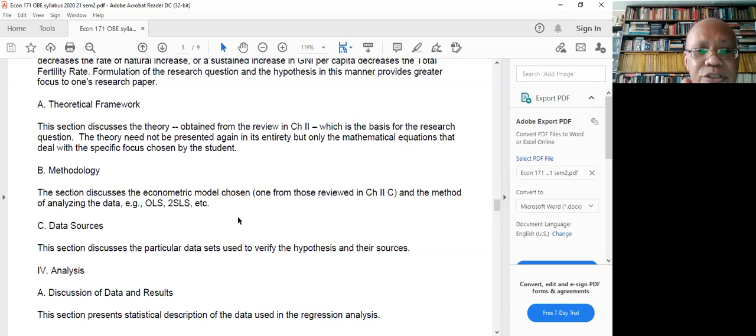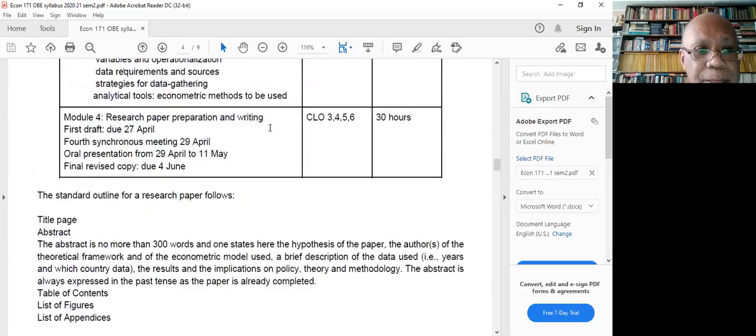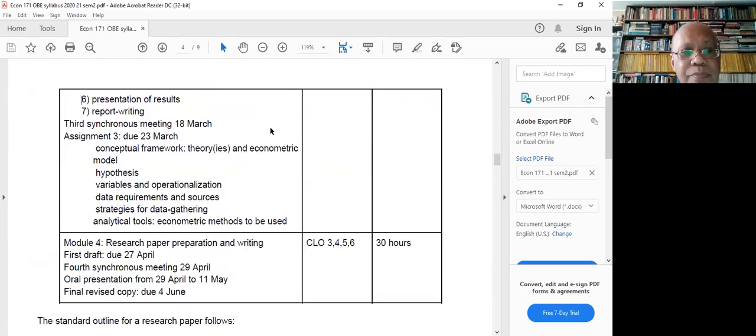And then data sources. Now here, you discuss the data sets that were used to verify the hypothesis and their sources. If you look up, here you're supposed to discuss that which is due on March 23rd: your conceptual framework, the hypothesis.